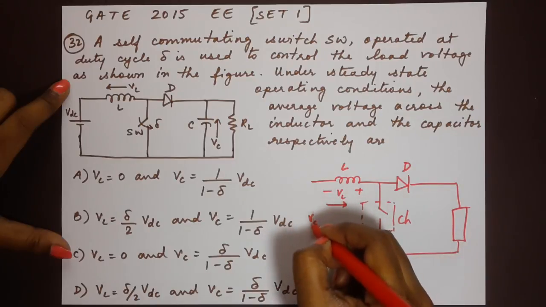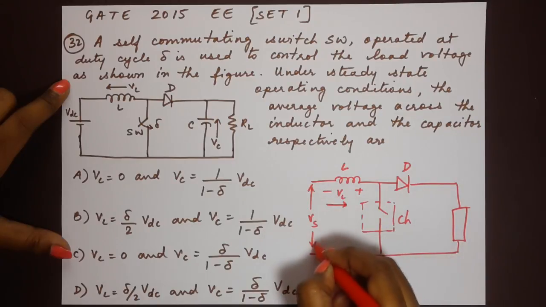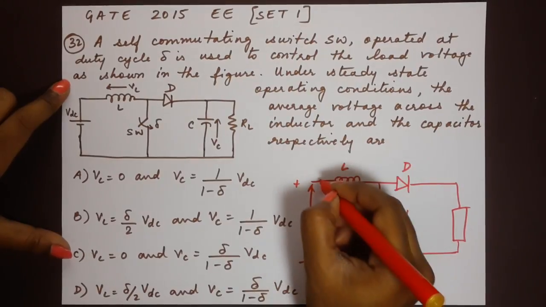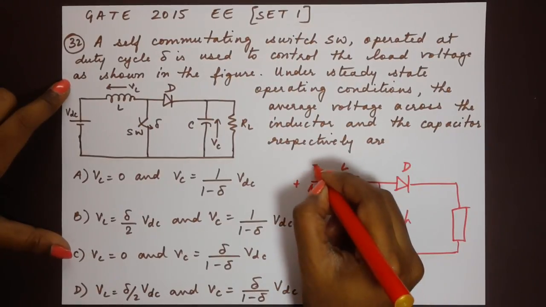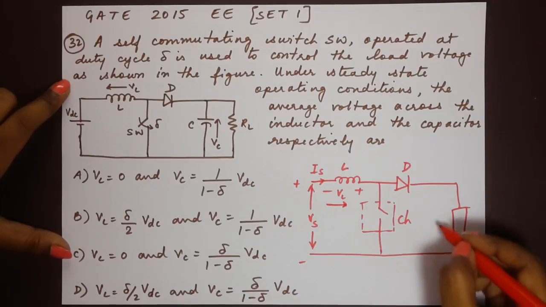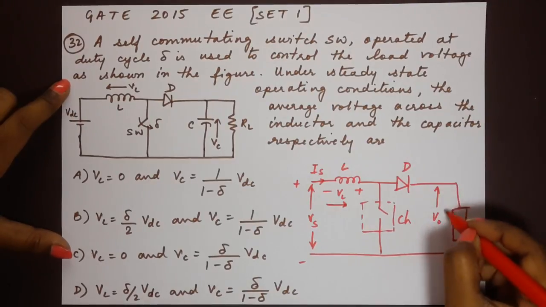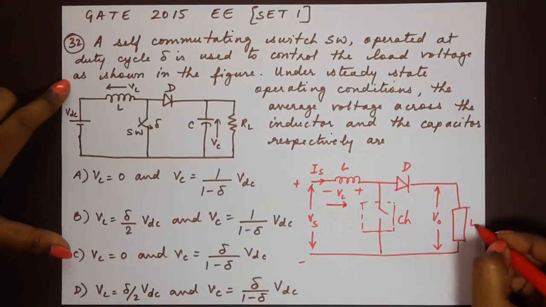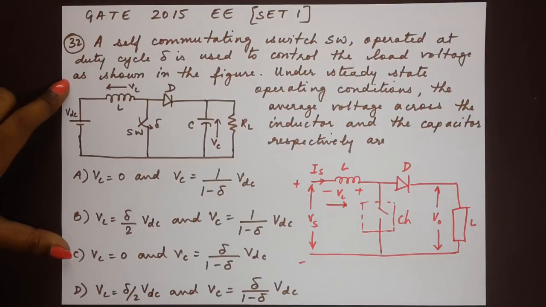This is our input source Vs, and we have our current flowing here, Is. We have our output voltage across the load here. Okay, so this is the general circuit for a basic step-up chopper. Now a step-up chopper is also known as a boost converter, and according to the definition, it is used to increase the input voltage level at its output side.